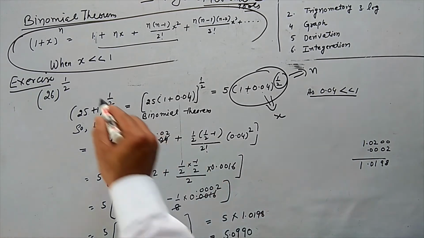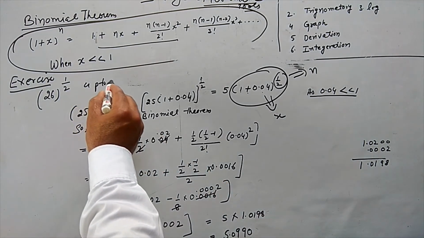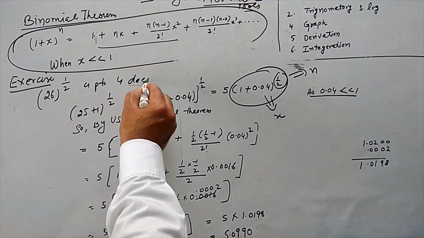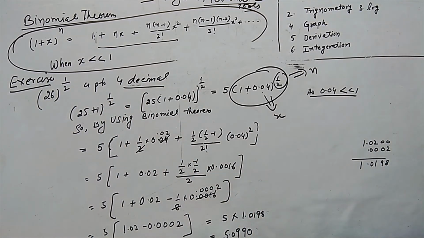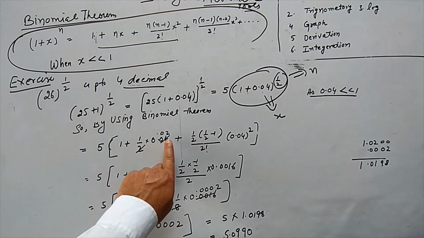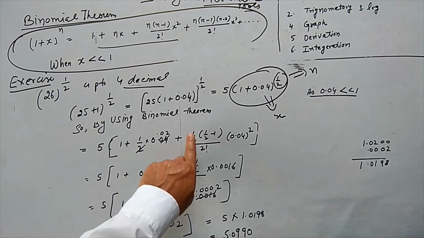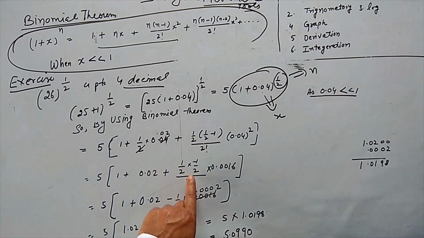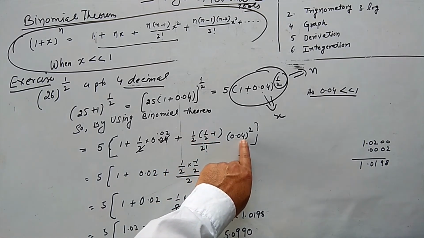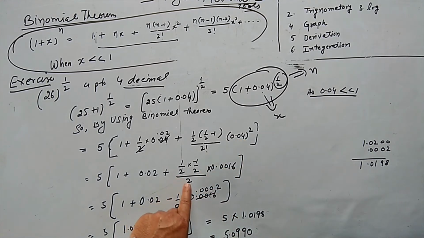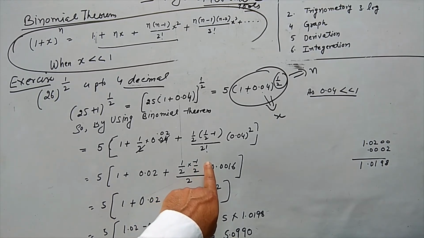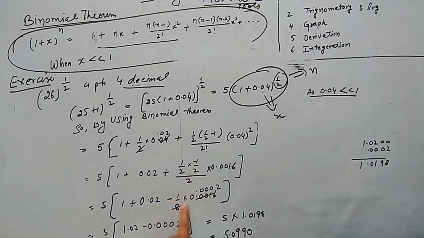If I have to find out up to 4 decimals, then I will go only up to the square term. Then 2 will cut this, and 1/2, 2 LCM, and this is minus 1/2, this is a square, 4 fours are 16 and 4 decimal places 1 2 3 4. Multiplying, it becomes 1/2 here, then minus 1/8.